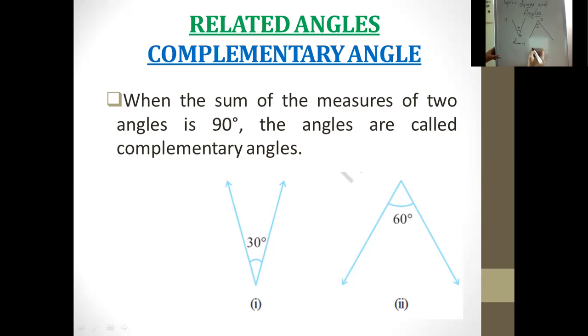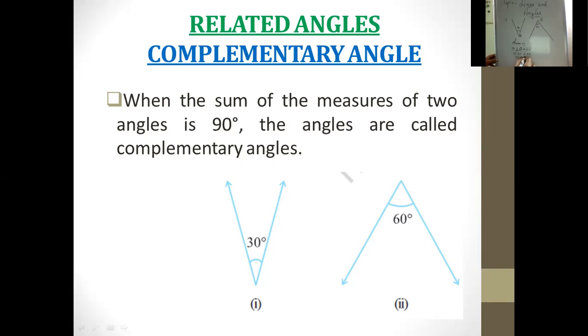If I ask you to add angle A with angle B, we would be looking for the sum, that is 30 degrees and this is 60 degrees. What is the sum of 30 and 60, students? Exactly, it would be 90 degrees.